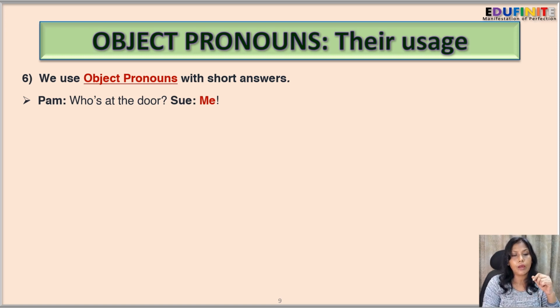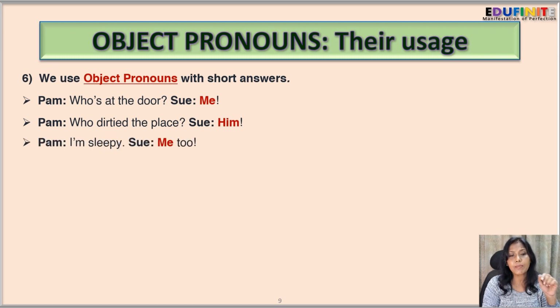Next, Pam asks, who dirtied the place? Sue answers in a single word, him. Maybe she's showing her younger brother, him. She'll not say he. So it's always the object pronoun and never the subject pronoun when we give short answers.